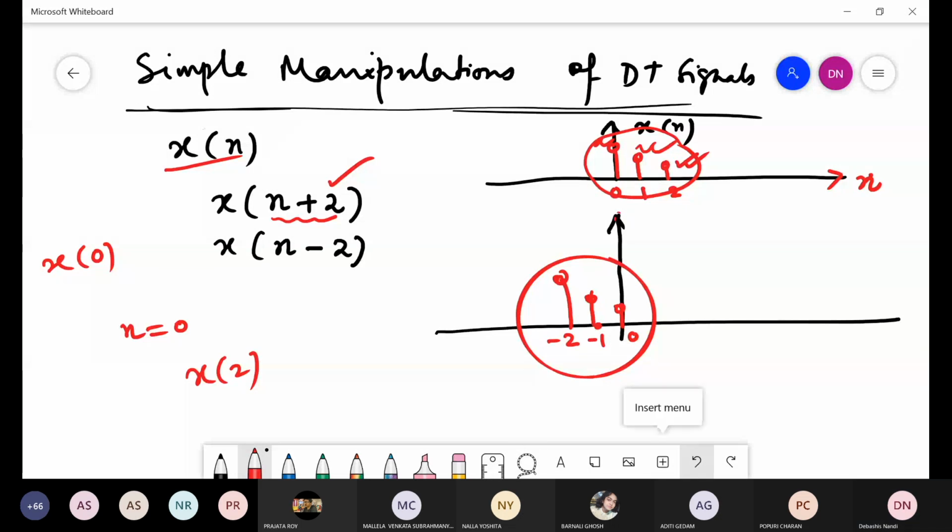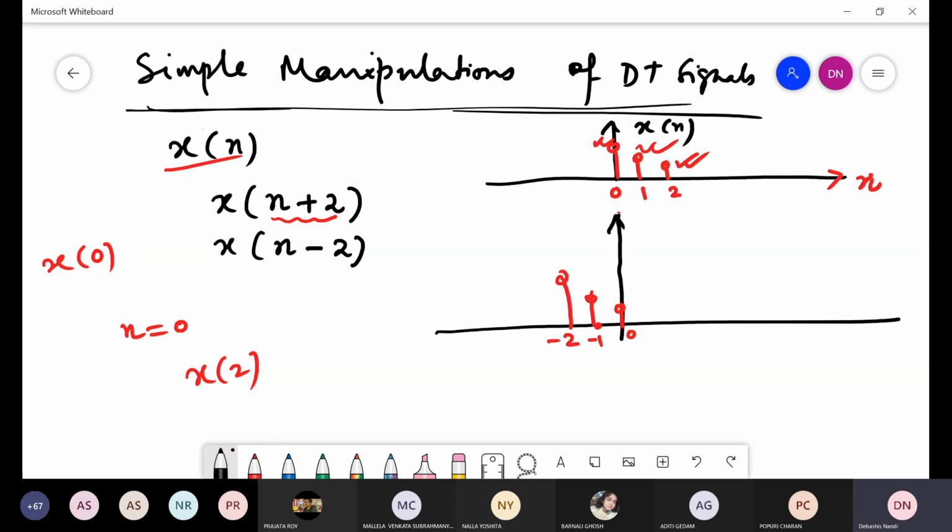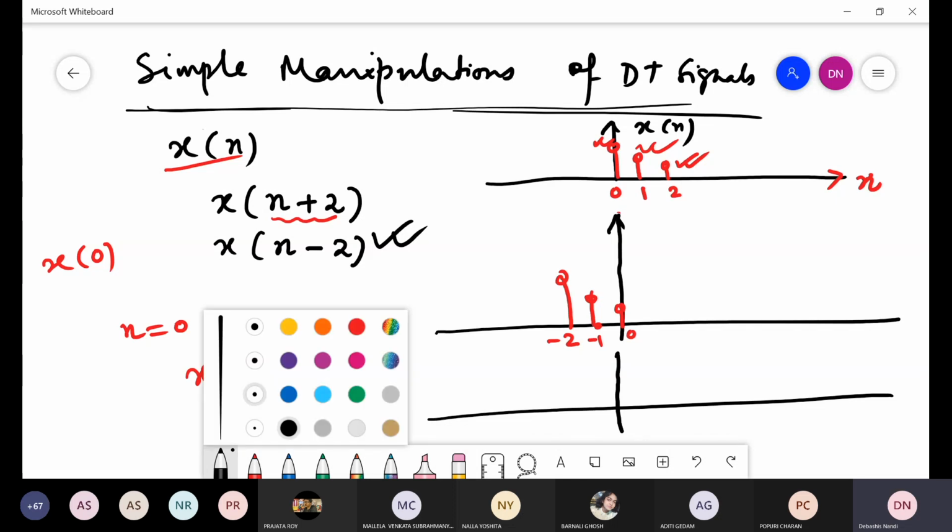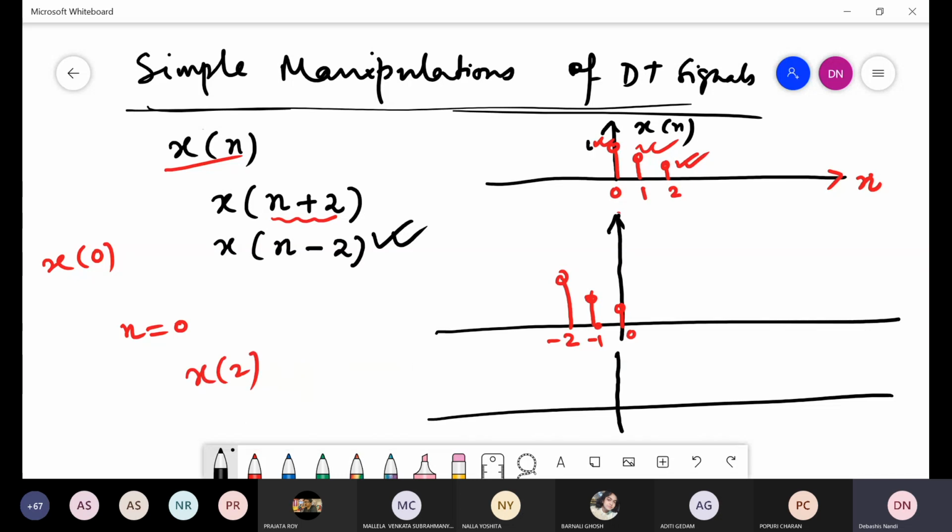Similarly, for the second case, xn minus 2, you will get a 2 samples delay. Therefore, this sample of xn which is at 0 will appear here at 2.